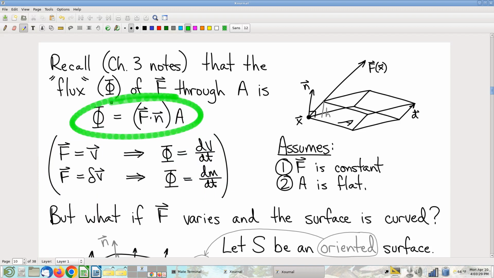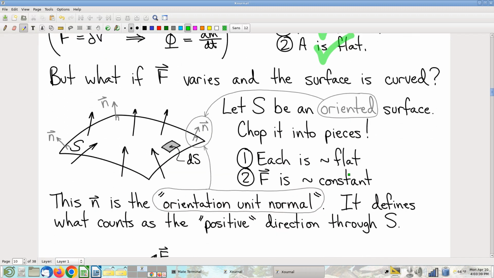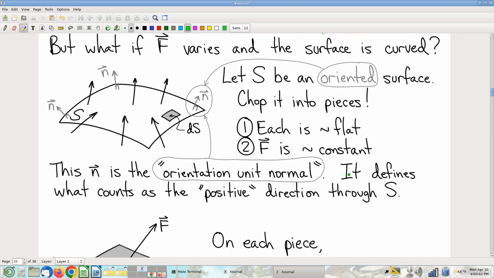And again, we have this formula, but that assumes a constant vector field and a flat surface. So we're going to do the exact same thing that we did with curves. We're going to chop it up into a bunch of little pieces on which each piece is approximately flat and small enough so that on those pieces the vector field is approximately constant.